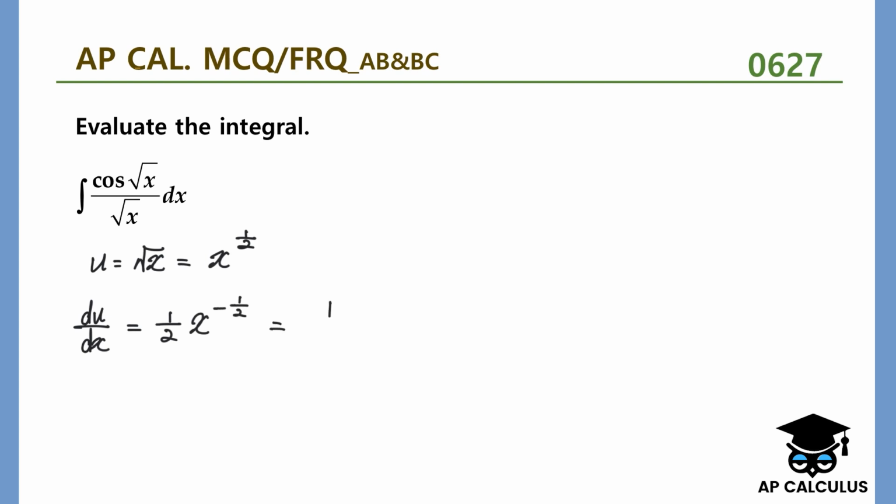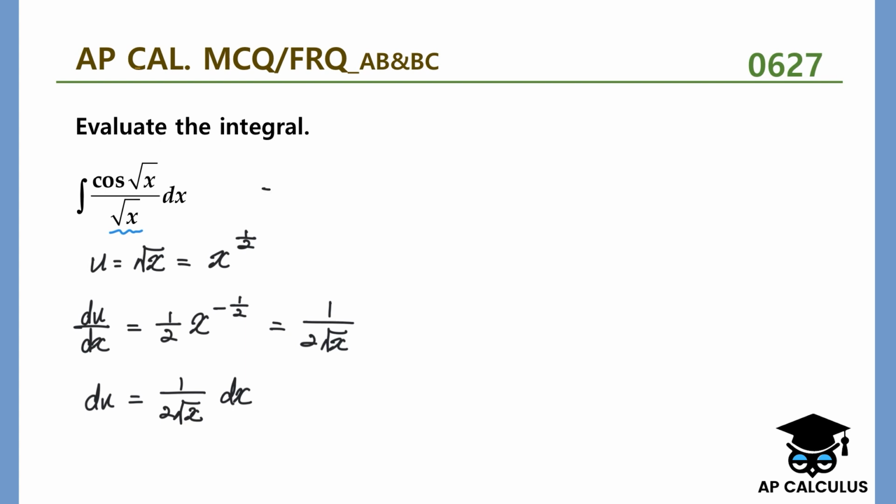This can be written as 1 over 2 square root of x. So du is equal to 1 over 2 square root of x dx, right? Here we have 1 over square root of x already, right? So we're going to divide it by 2 and multiply by 2.